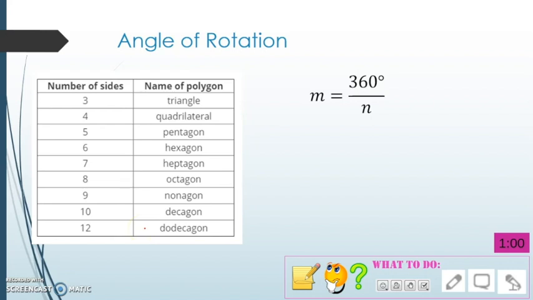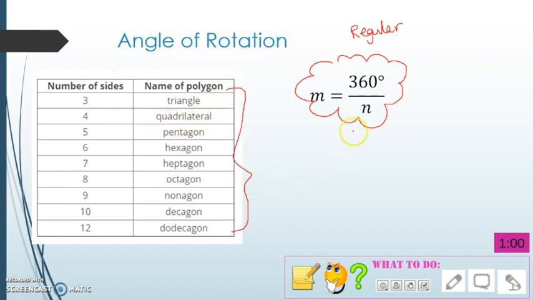Okay, so let's talk about angle of rotation. This applies to what we call regular polygons. We can name a polygon by its number of sides, so you can review this list of names here. And if we want to find out how many degrees it will take to rotate a shape on top of itself, given that it is regular, then we simply use the formula in the red cloud.